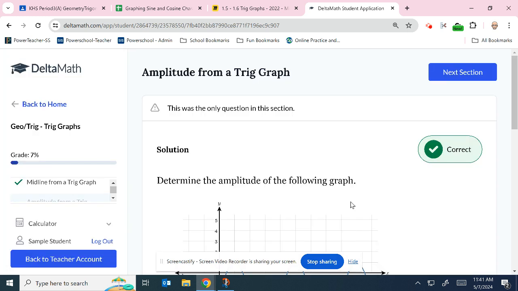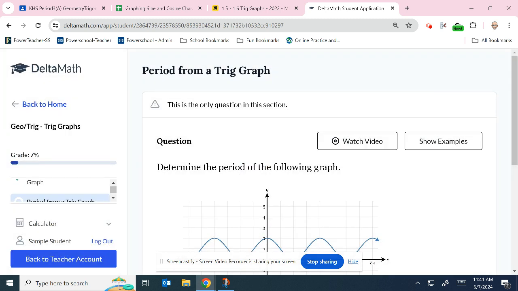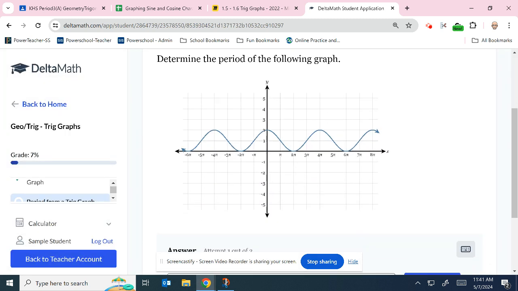Okay, just our ABCDs. That was the A part of the graph. The first midline one was like the D part of the graph. The period of the graph is what would be one rotation. So to find one rotation, we always start on the y-axis. And since the y-axis is at the top here, we're making a V shape. This is a V cosine graph.